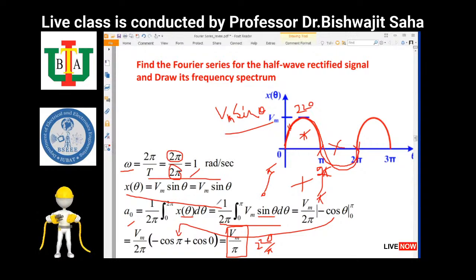They just gave the direct equation, 1 over twice pi, 0 to pi Bm sine theta d theta, so the DC value is Bm by pi. But in Fourier series, now you are clear why the DC average value of a half-wave rectified signal is Bm by pi. Full calculation.